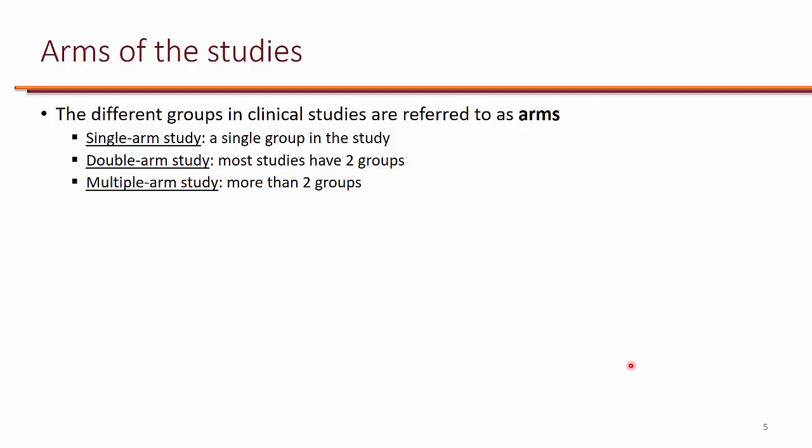And occasionally you will have more than two groups. So, for example, if you're comparing three drugs, you can have three groups. So each group gets one of the three drugs. Or more, you can have four groups if you want to. But they're not as common as having the two group studies where basically two arms are being compared in the study.